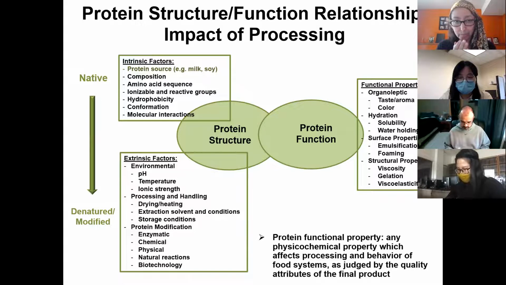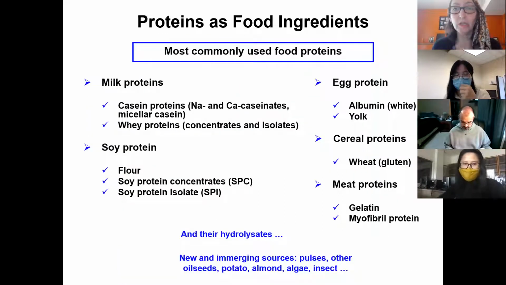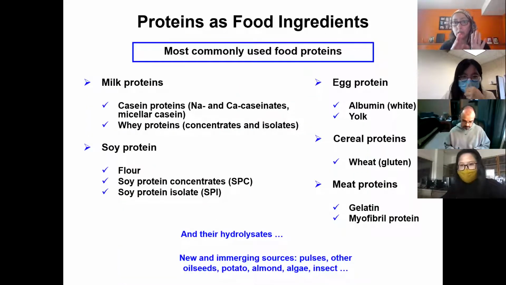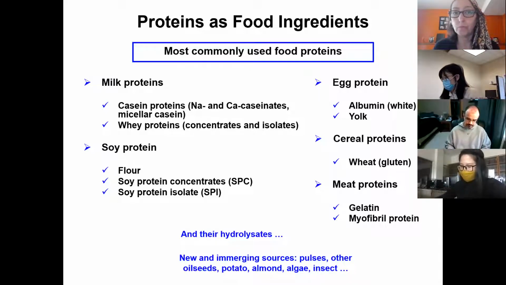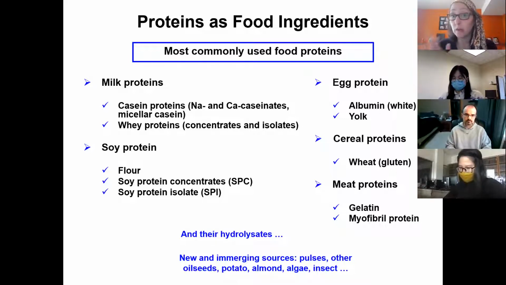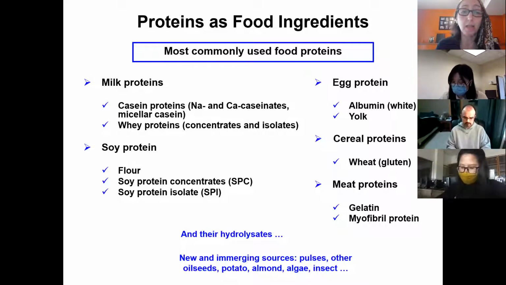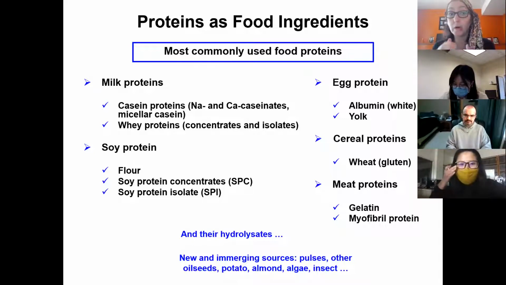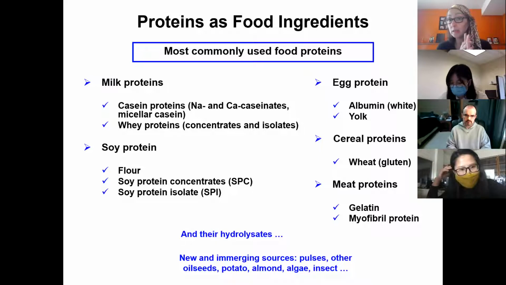at the end. Okay, so just as a reminder, I showed you this at the beginning, I think in the first lecture, that we have different protein ingredients in the market, and we'll try to cover as much as we can. But if we look at dairy proteins in the market, there are sodium caseinates, calcium caseinates, micellar casein. These are the main casein ingredients.